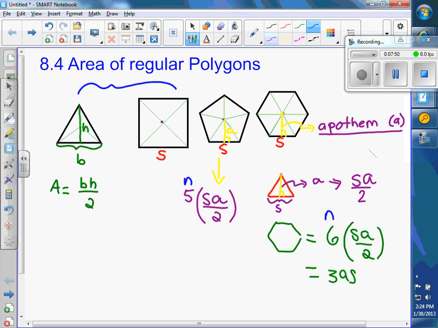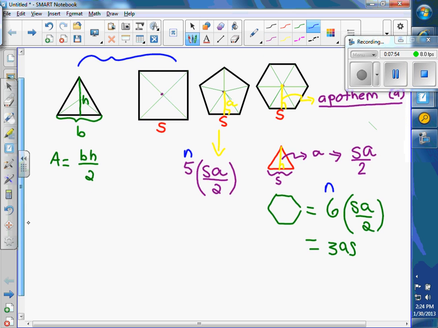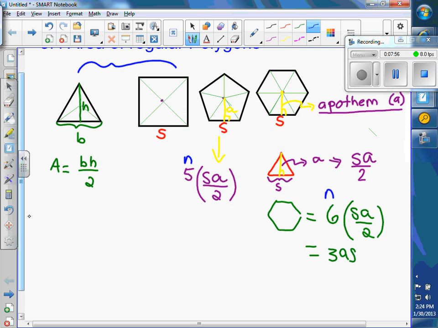And so your algebra books are really big on formulas. Well, you can come up with a formula, and for some of you that's really important because you think in formulas. So even going to the square, which we would probably not do this way, it would still work. You would have the area of the base times the height divided by 2 times 4.